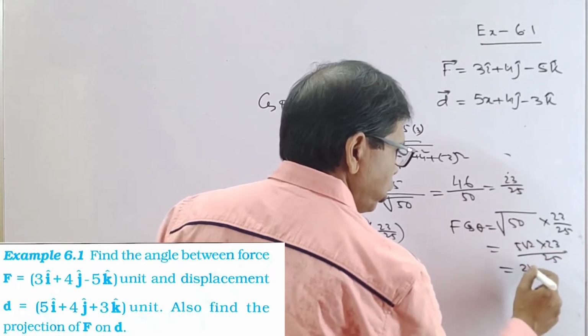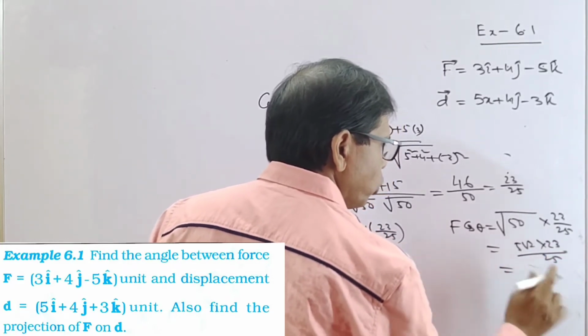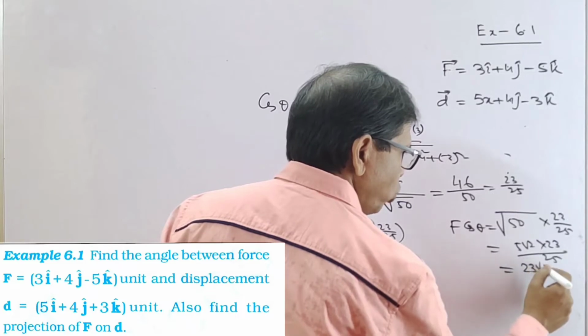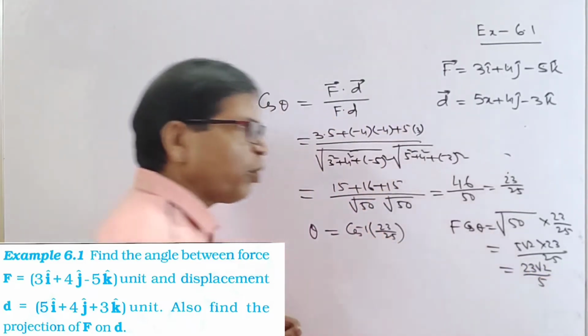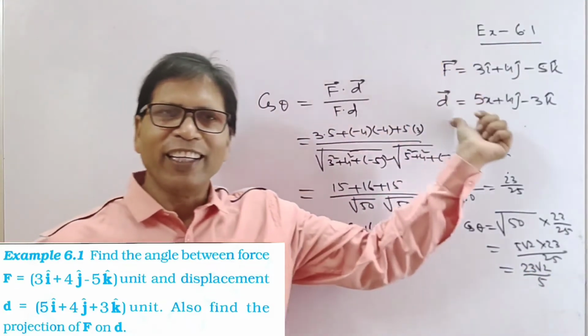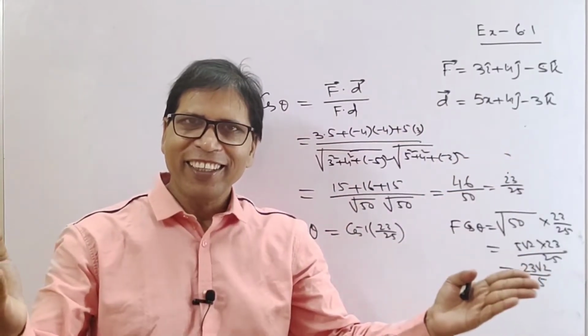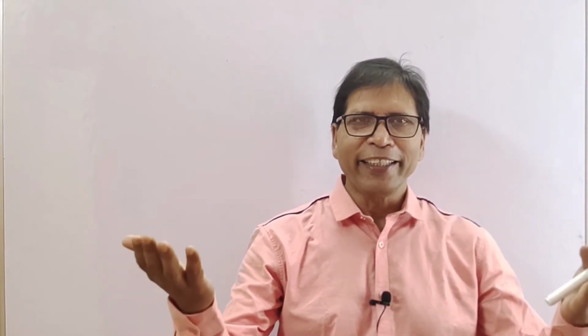So here 23 root 2 by 5 is the projection of F on D. Okay, understood?